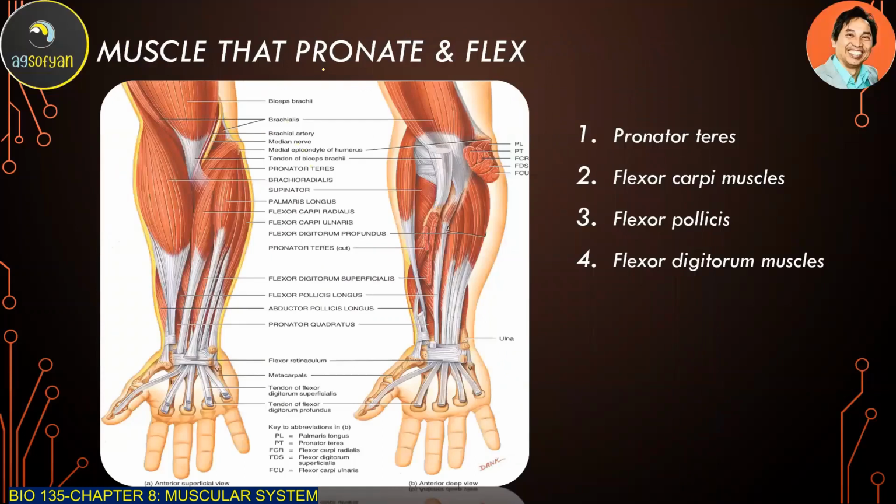The muscles that pronate and flex the fingers or the wrist. Okay, pronates our arm. So remember prone and supine position. Prone versus supine.